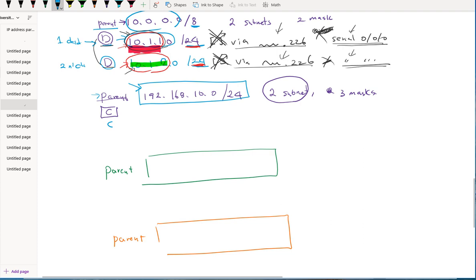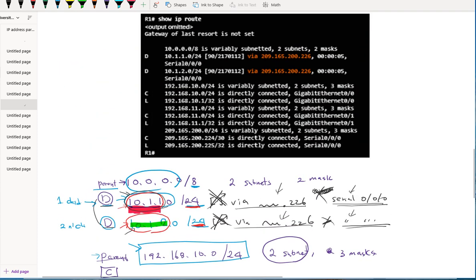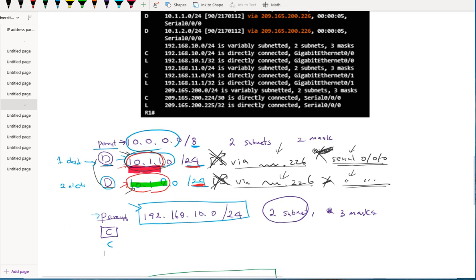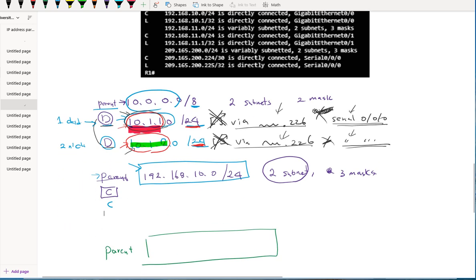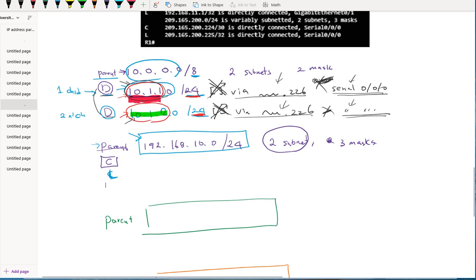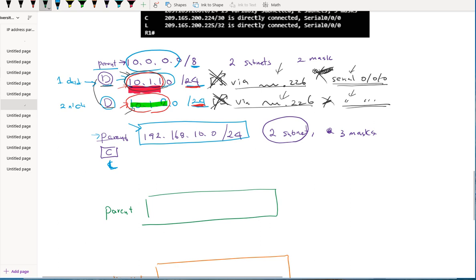You have two children. The first one is C, which means directly connected, and L means interface name. So you have C and L, right? And then for the parent, you have 192.168.11.0, which is the green network.